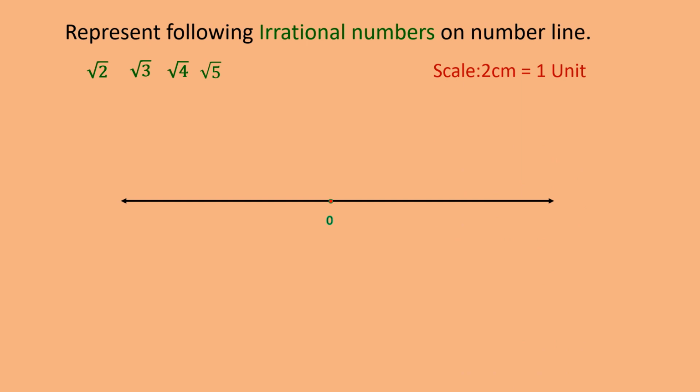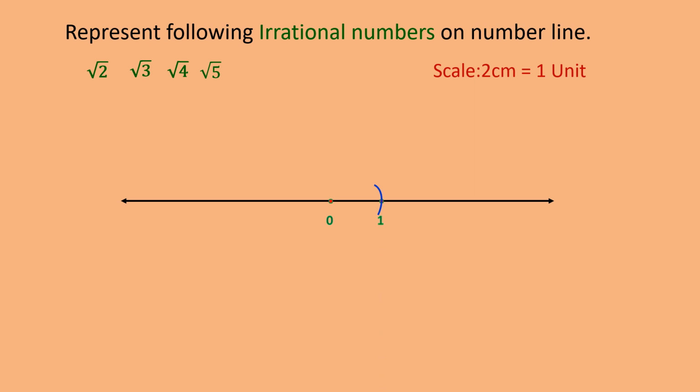So in this construction we are taking 2 centimeters as 1 unit. That means in our rounder we are going to fix 2 centimeters as the radius, keep the pointer at 0, the point indicated on the number line, and cut an arc on the right side.